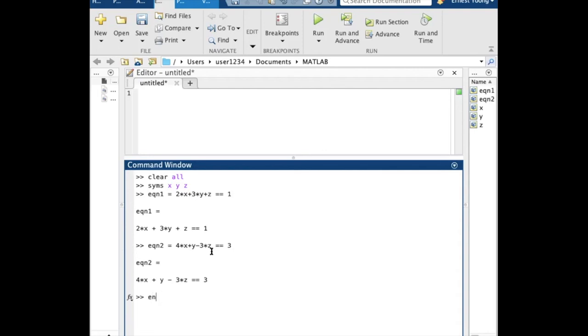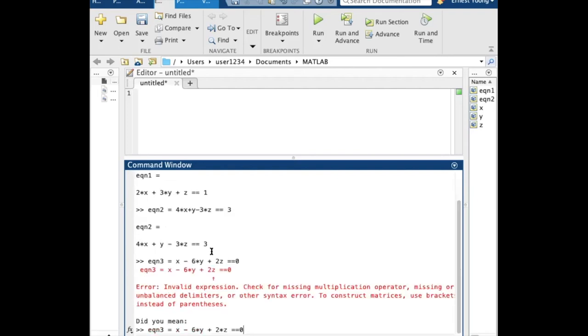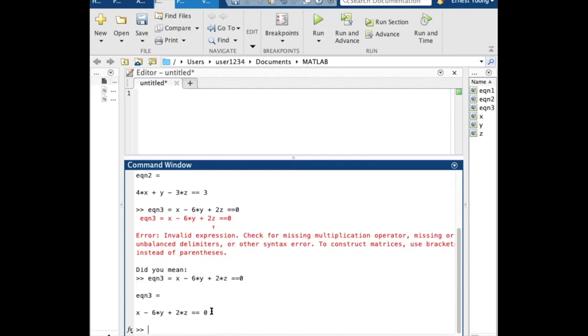And my equation 3 is equal to x minus 6 times y plus 2z is equal to 0. I just simplified it. So I have my three equations right here. It should be 2 times z. Okay. It's very good, MATLAB will auto-correct my error. So 2 is here.